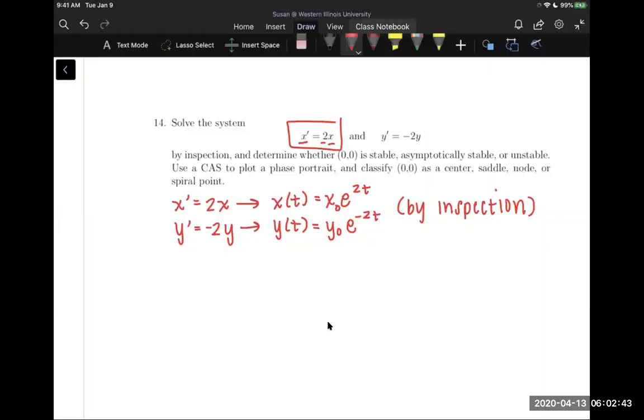So if we take a look at this, let's look at our x of t function, and let's look at what happens as t goes to infinity. As t goes to infinity, the limit of the x of t function is also tending towards infinity, right? So this exponential function keeps growing and growing. And what about the y of t function?